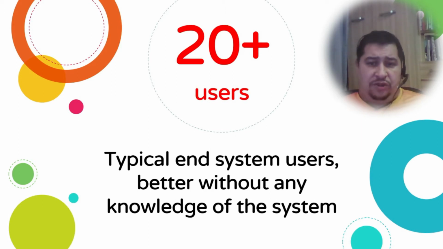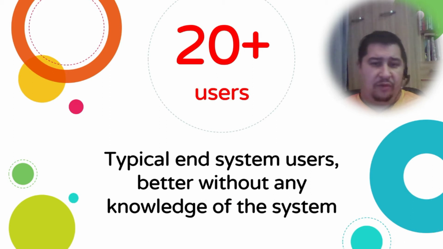What you actually need is 20 plus users that are typical end users of the system, and if they don't have any knowledge about that system, it is even better.